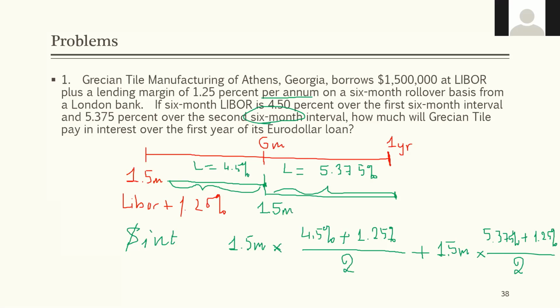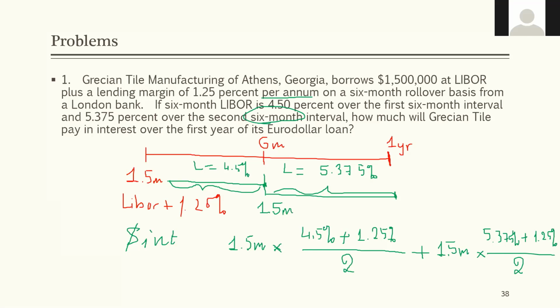But they're saying that if 6 months LIBOR is 4.5%, is that 4.5 for the 6 months? It's for the year. So 4.5 is the yearly rate. If the question doesn't say anything, then you can assume that this is an annualized rate.